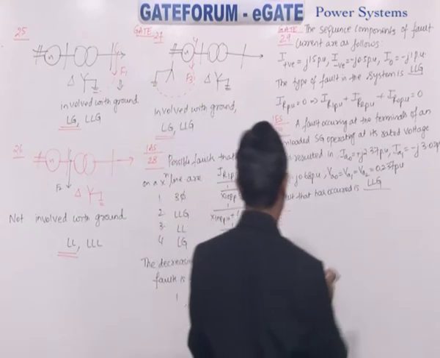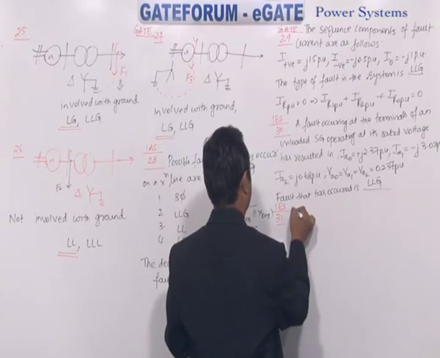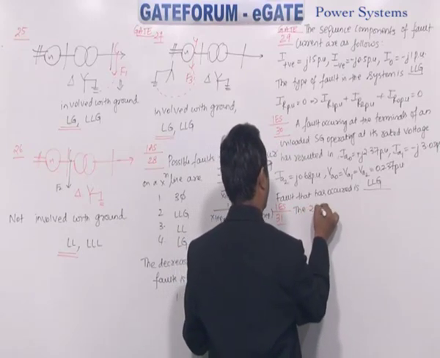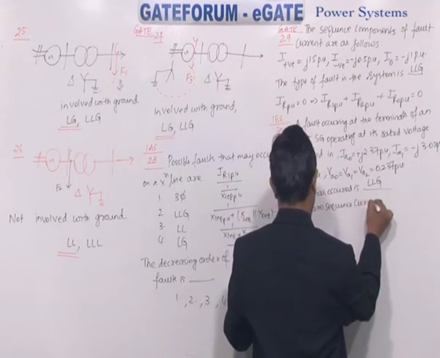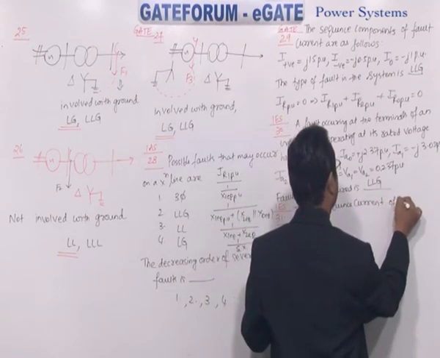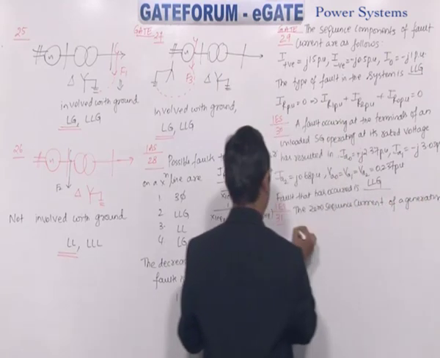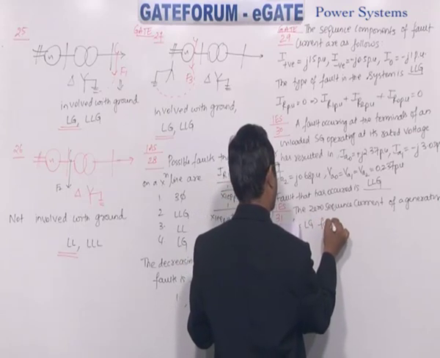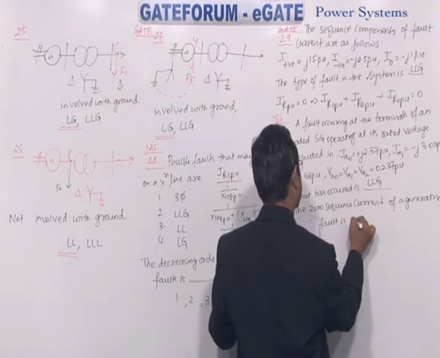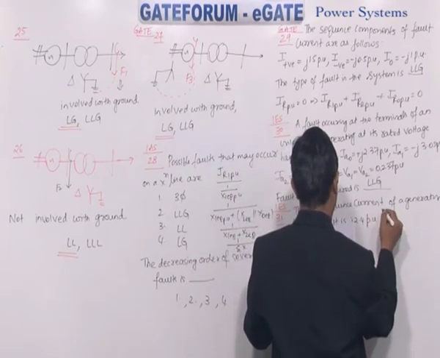Now to solve this next question, the zero sequence current of a generator for LG fault is j2.4 per unit.